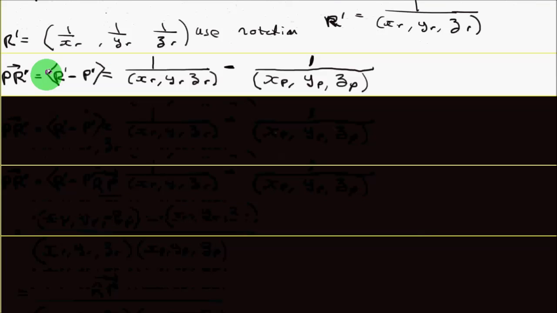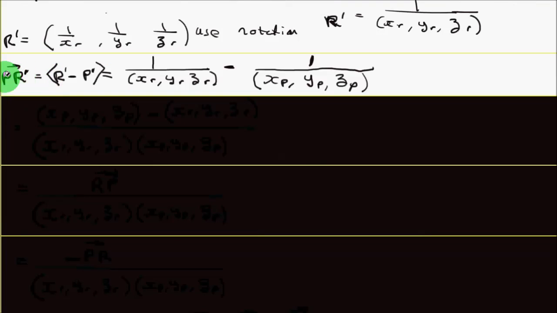Then forming the primed vector p to r from the primed point r and the primed point p, it is the vector formed with the components of the primed r minus the components of the primed p.